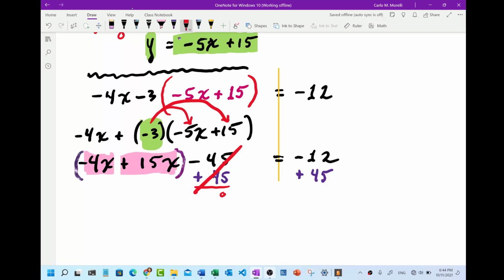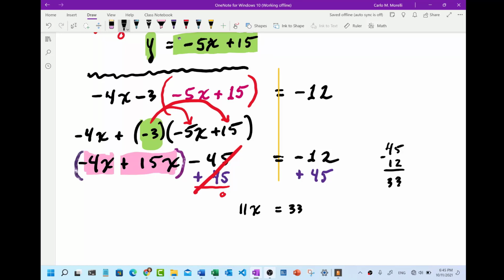And so now I'm basically subtracting 4 from 15, which gives me 11. So I have now on the left side 11x, okay, equals, and now I have 45 minus 12. That's really what negative 12 plus 45 means. So that's 33.